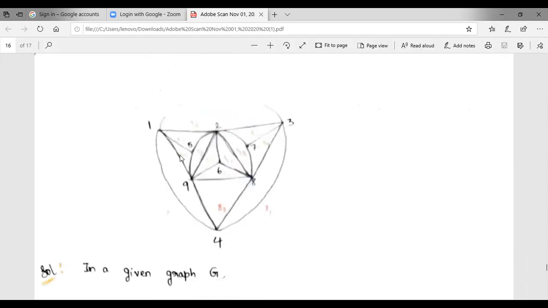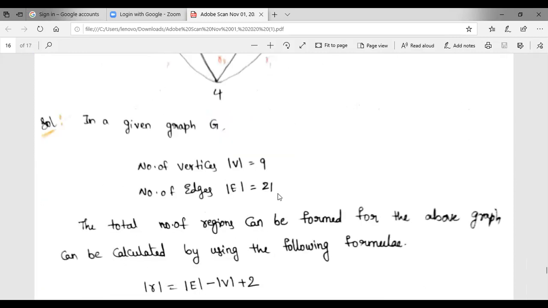So 1, 2, 3, 4, 5, 6, 7, 8, 9, 10, 11, 12, 13, 14, 15, 16, 17, 18, 19, 20, 21. So the number of edges is equal to 21.